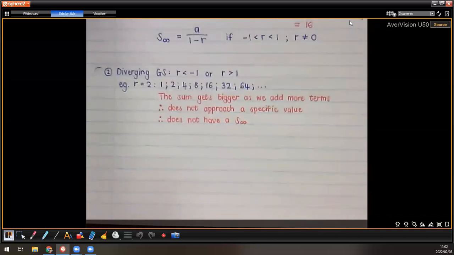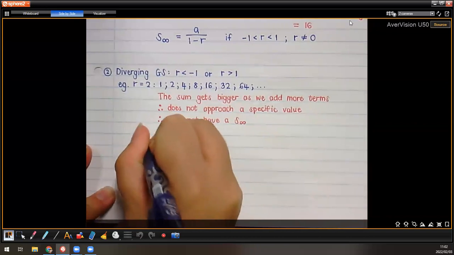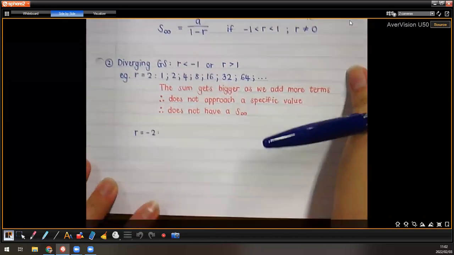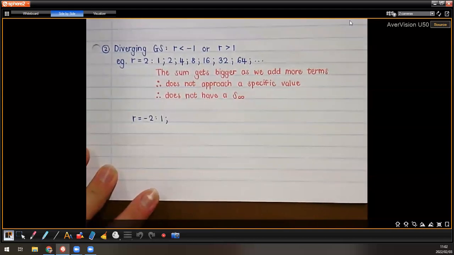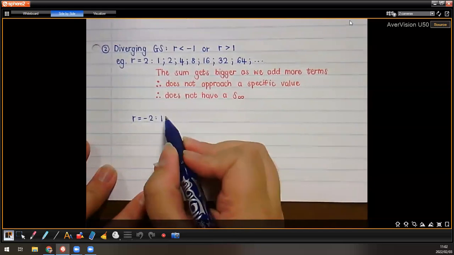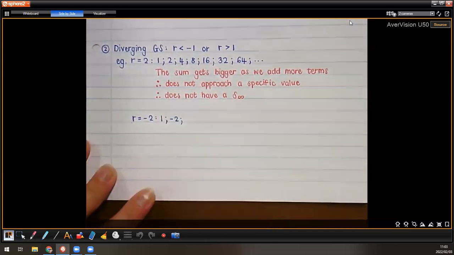Okay, let's quickly do an example where r is -2, so we can just see what happens if it's a negative number. If r is -2, and again we're starting with 1 as our first term, we need to multiply by -2 each time. 1 times -2 is -2.